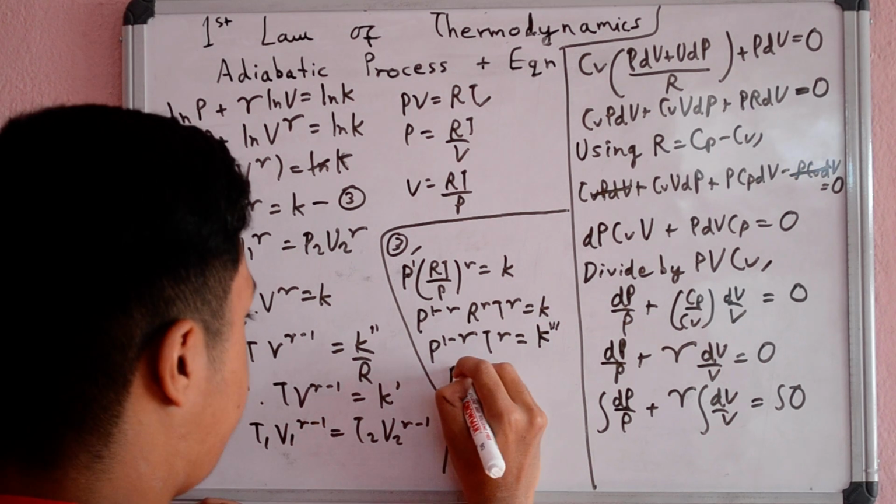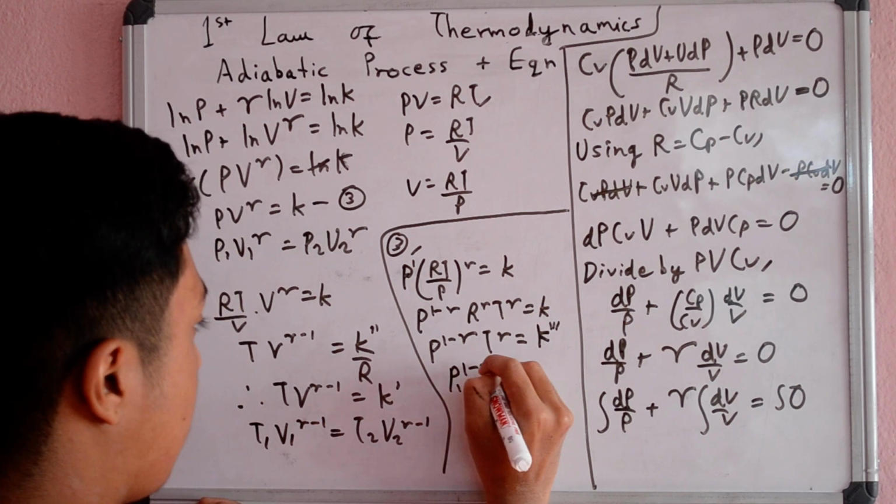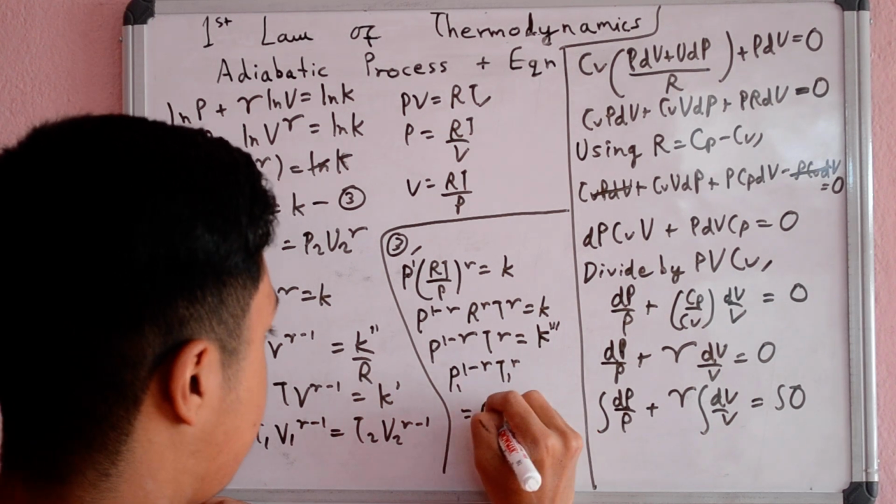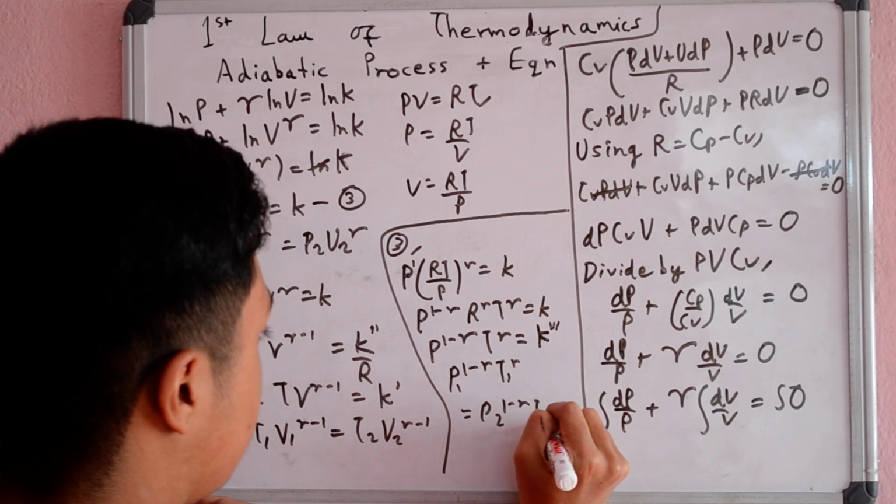So here P1^(1 minus gamma) T1^gamma equals P2^(1 minus gamma) T2^gamma.